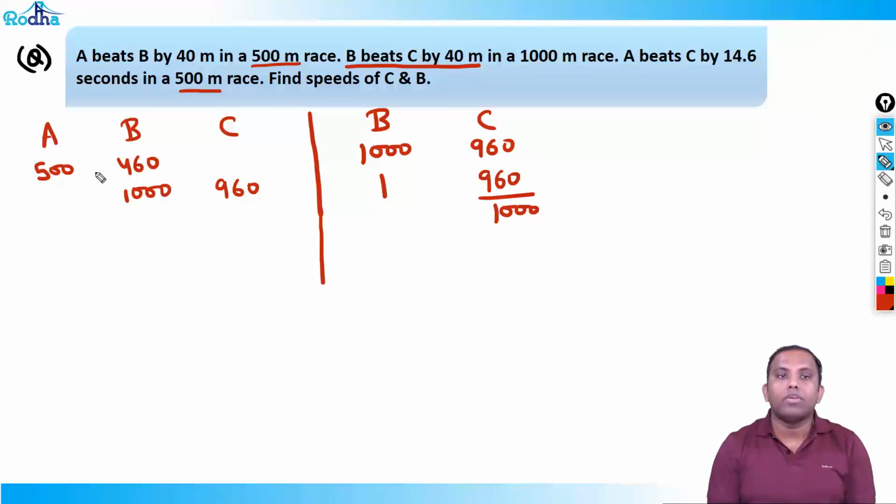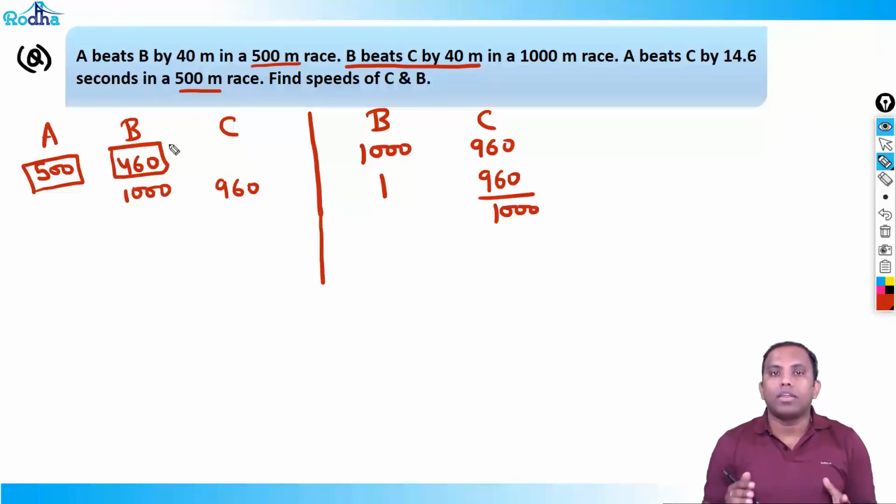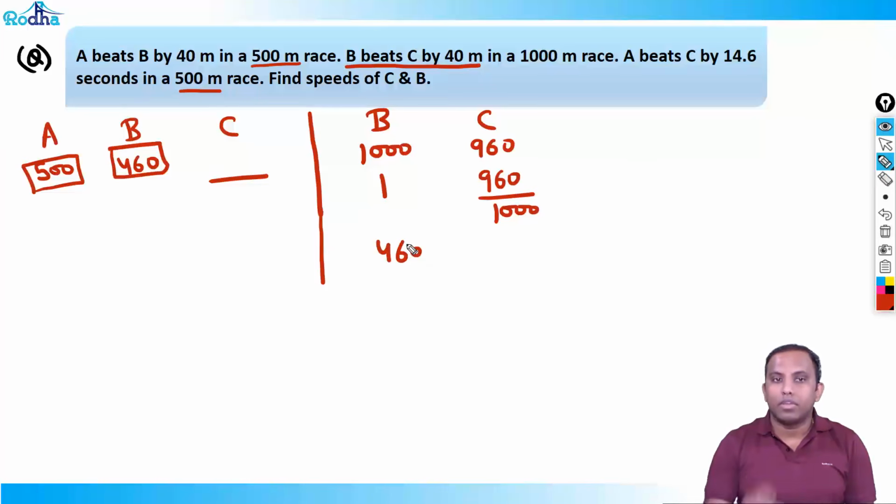What we're trying to do is convert into a single race of 500 meters. So when A covers 500, B covers 460. I want to see when B covers 460, where is C, if all will run a race of 500 meters. When B covers 460, C will cover 960 by 1000 into 460.